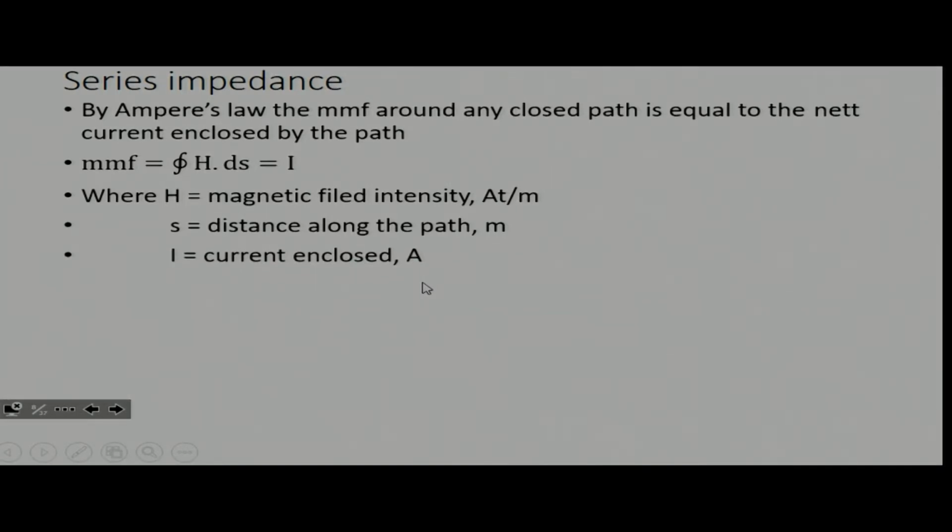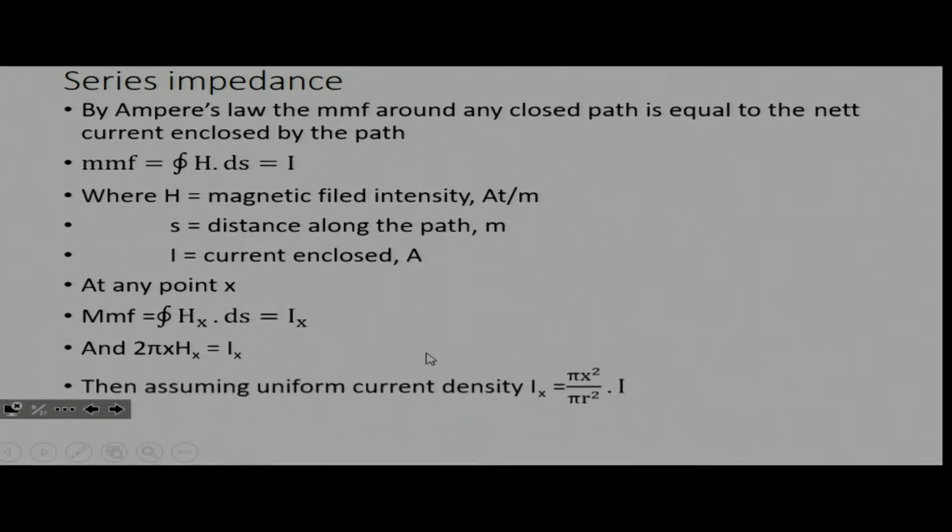At any point x, we have that the MMF is equal to the integral of Hx dot ds, and that is equal to Ix. The distance 2 pi x times Hx is Ix. Then if we assume a uniform current density, Ix is pi x squared over pi r squared times the current.